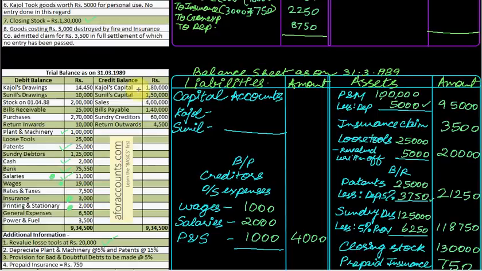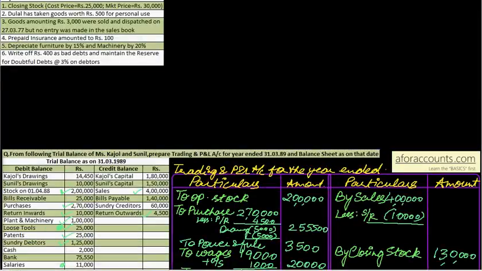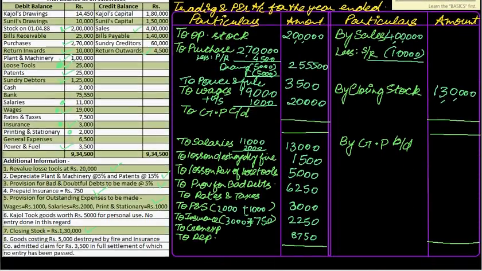Okay, so we are done with that last adjustment. Now see what all things are pending. Bills payable, sundry creditors. Now bills payable and sundry creditors, both items are your items of liability side.